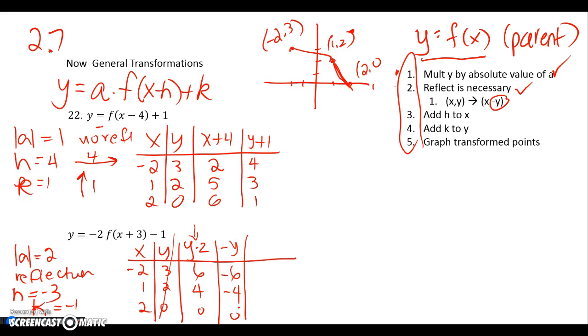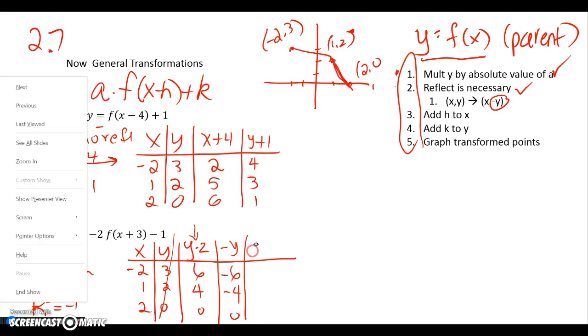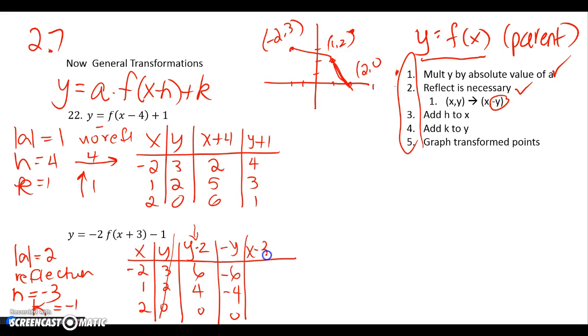All right, then my h is negative 3, so I take x minus 3, and then I'll do y minus 1. So x minus 3: negative 2 minus 3 is negative 5. 1 minus 3 is negative 2. 2 minus 3 is negative 1.